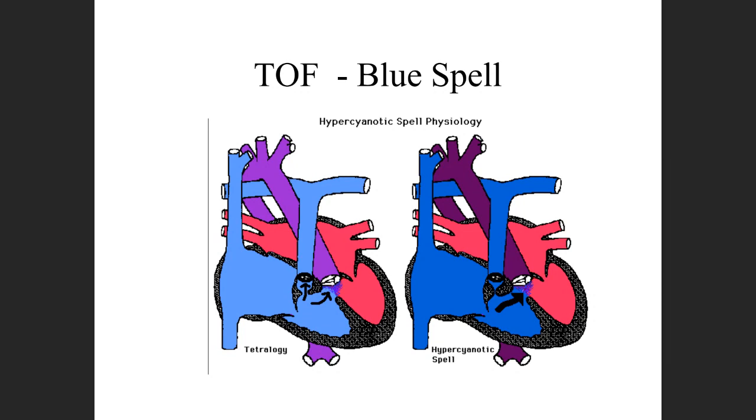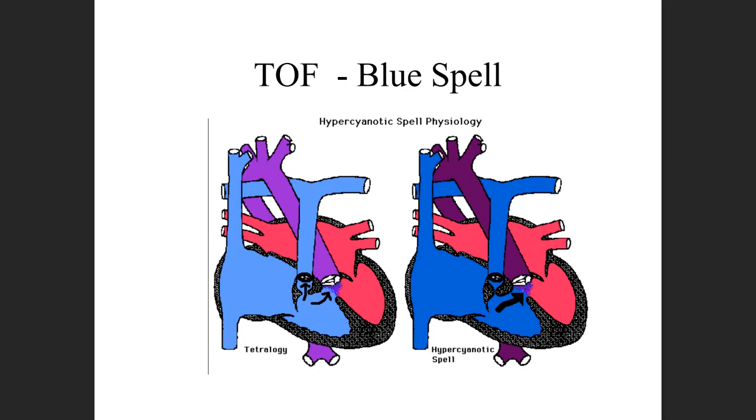And this muscle is under sympathetic nervous system control. So when there's stimulation of the sympathetic nervous system, that muscle contracts, and it further reduces the area for blood to flow from the right ventricle into the pulmonary artery across the pulmonary valve.